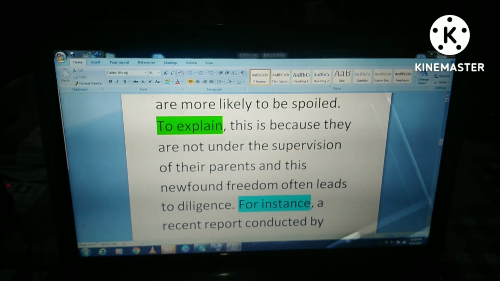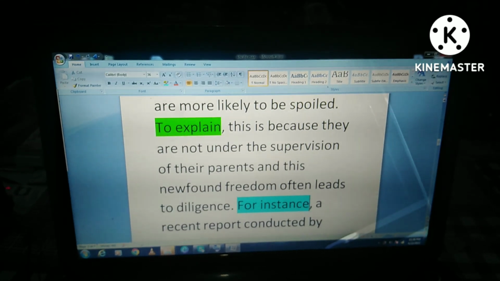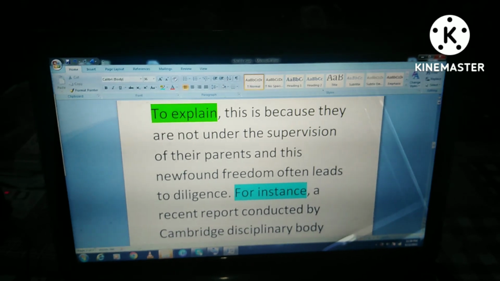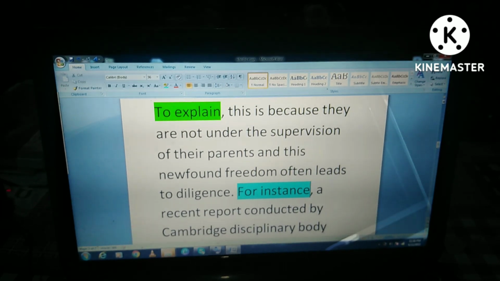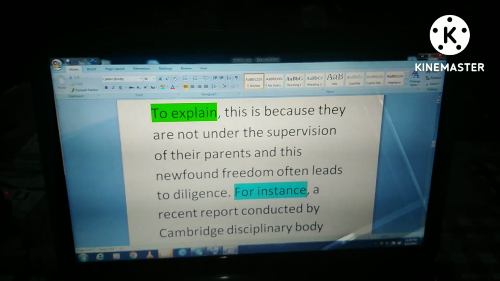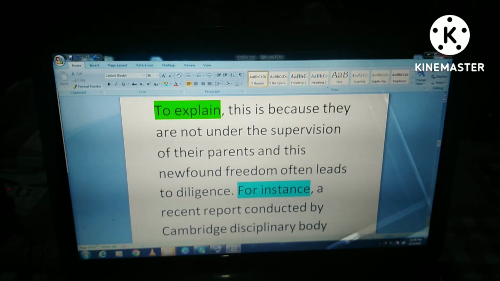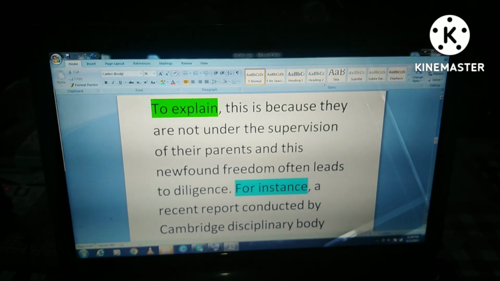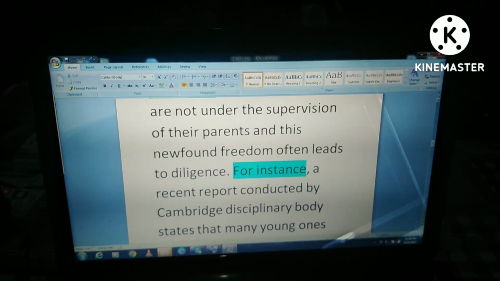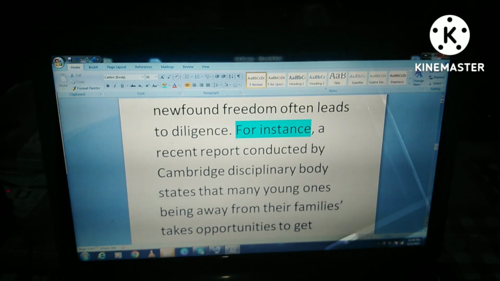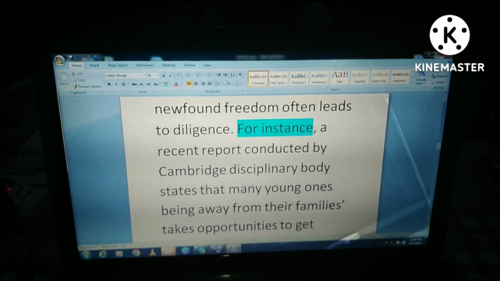After the thesis statement, I am going to explain with the words "to explain." You see what type of strategies we are using over here: first the statement, then the explanation, and then its example. To explain, this is because they are not under the supervision of their parents, and this newfound freedom often leads to dilligence.